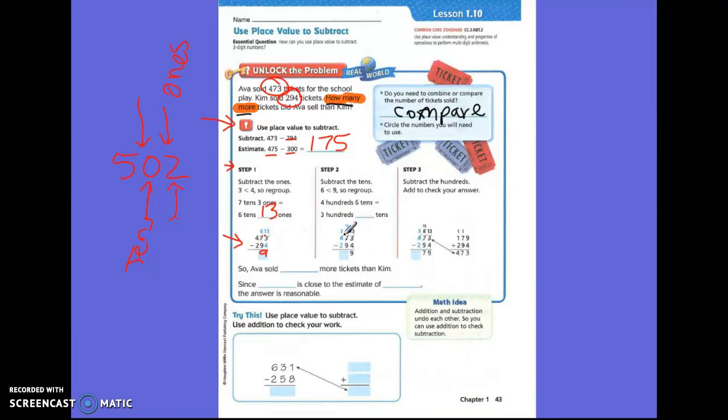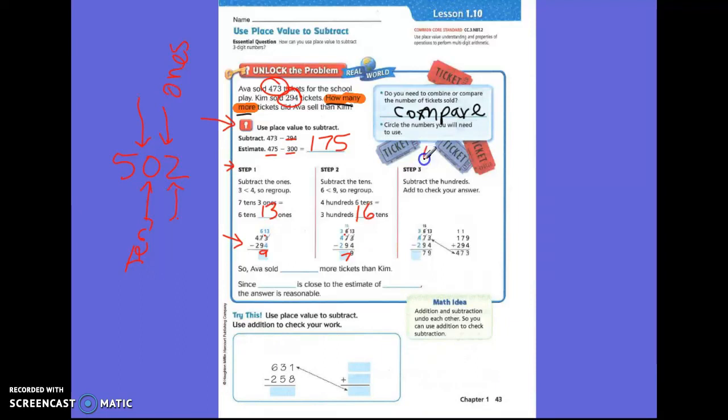What will 6 turn into? 16 tens. So what is 16 minus 9? You guys agree? You don't think it's 7? I think it's 7. No, 16 minus 9. It's not 7.